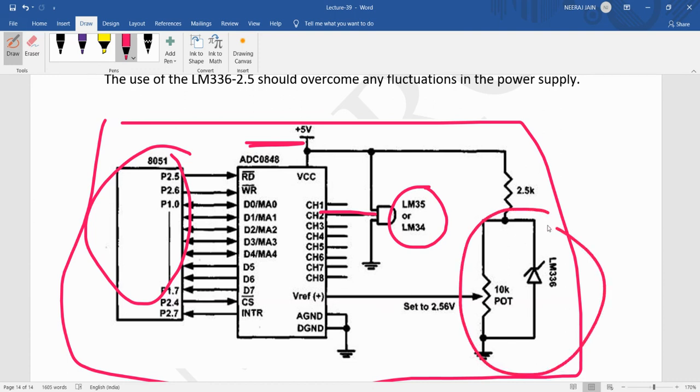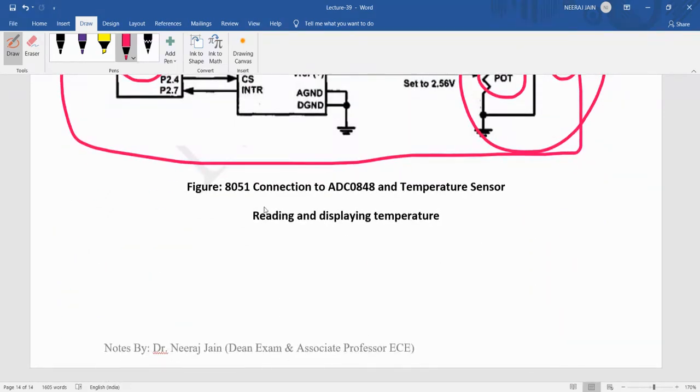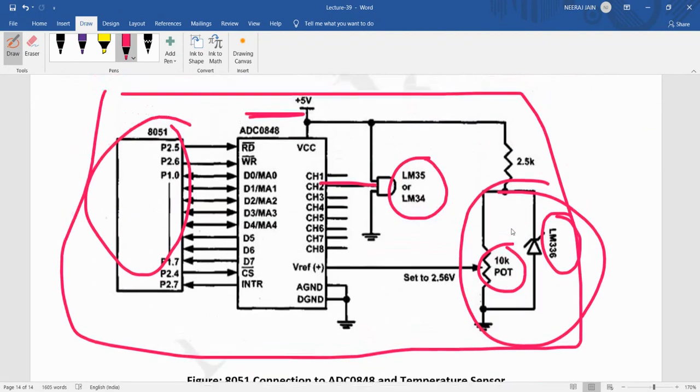A Zener diode is also used to provide a fixed voltage across a 10 kilo-ohm potentiometer. Here the LM336 is the Zener diode that we are using. In this way, you can see how the temperature sensor LM35 or LM34 is connected with the 8051 microcontroller.